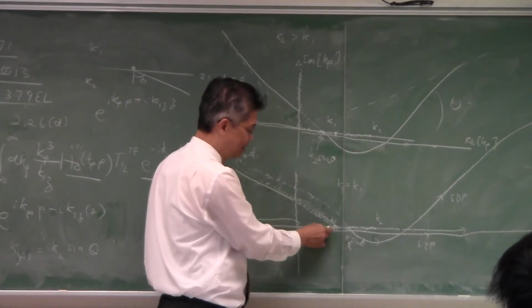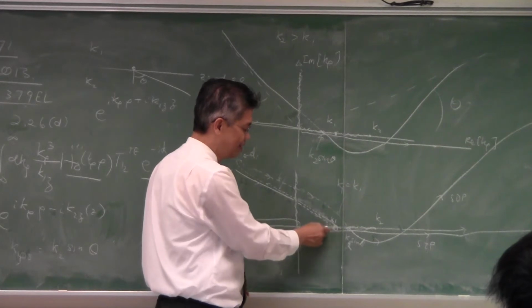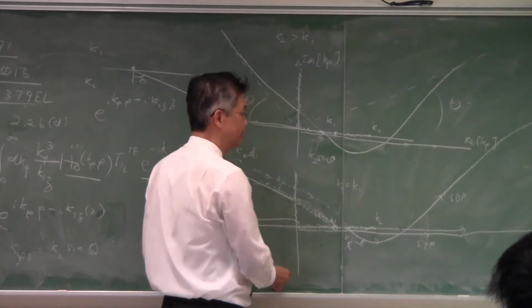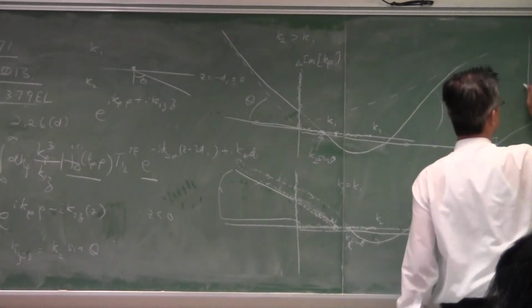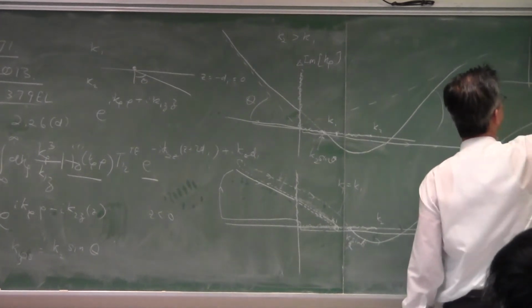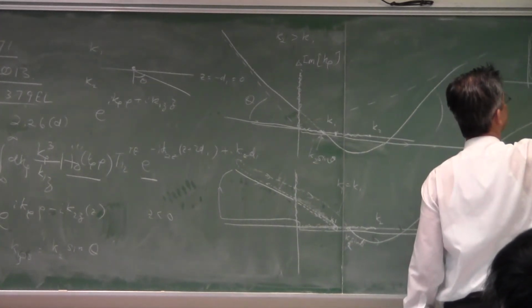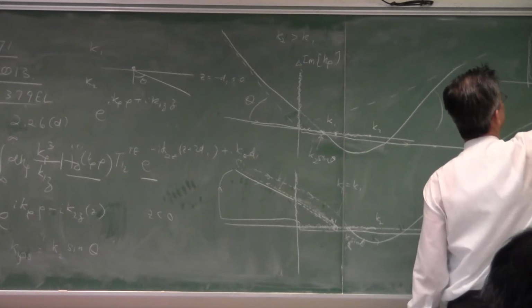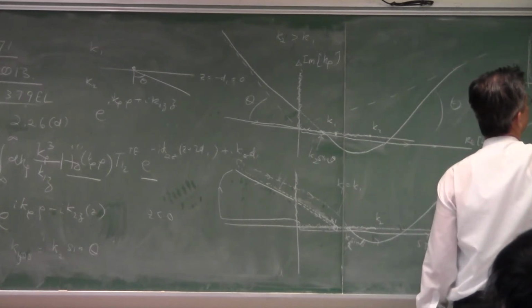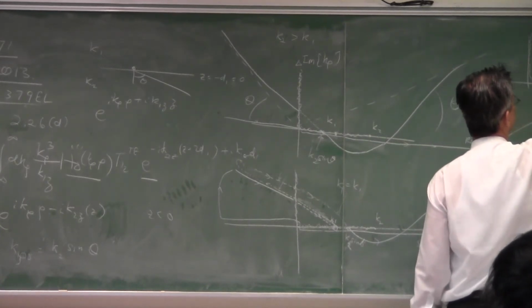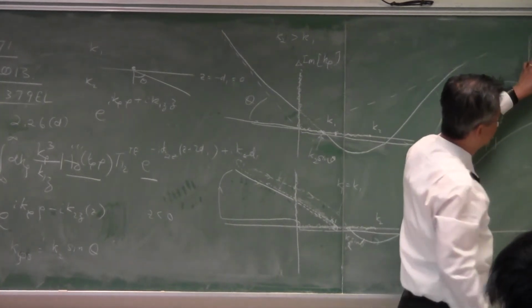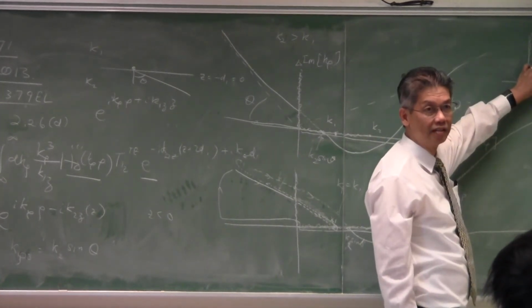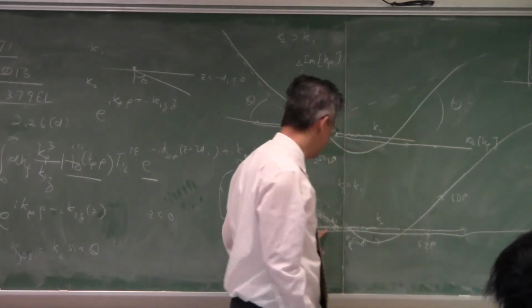There's another one that goes like this. So on this line over here, there are 2 branch cuts. If I draw it expanded with some loss, then it will be something like this. K1, K2, K1. So over here, these 2 collapse to 1 in the lossless case. They collapse to 1. So there are 2 branch cuts here.